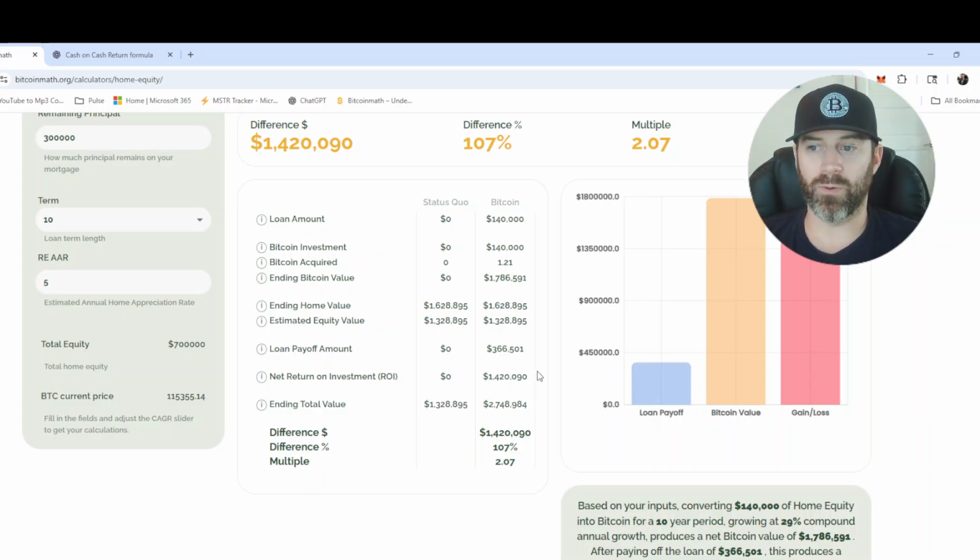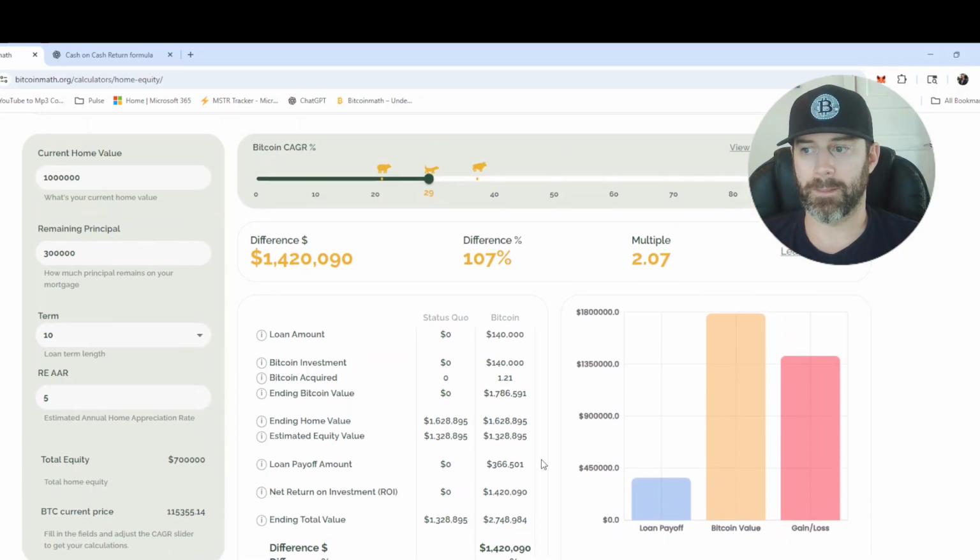You've got 1.42 in remaining Bitcoin value after you've paid off your $366,000 loan. So add that to your home equity, which you now have free and clear, and you've got roughly $2.75 million in total value, right? So this produces about a 2x compared to sitting on the equity and doing nothing, okay?